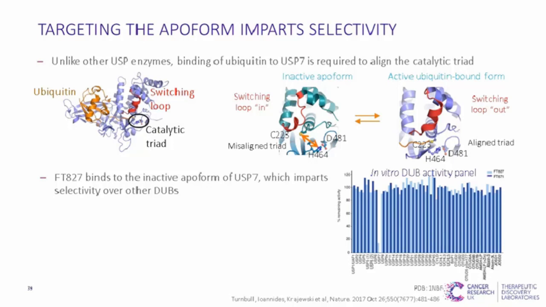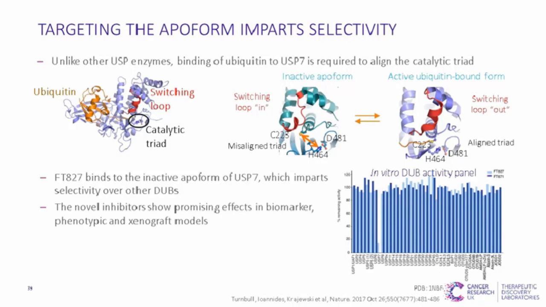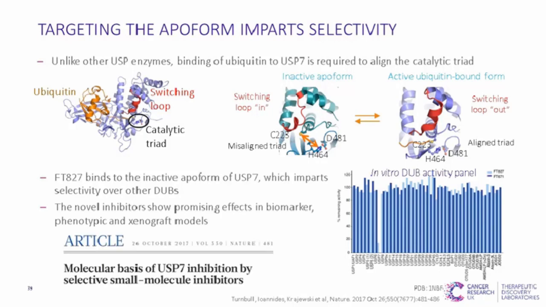And in this figure, you can see a panel of DUBs run in an in vitro assay, and the compounds that we describe are highly selective for USP7. These novel inhibitors also show promising effects in biomarker, phenotypic, and xenograft models. And we published this at the end of last year in Nature.